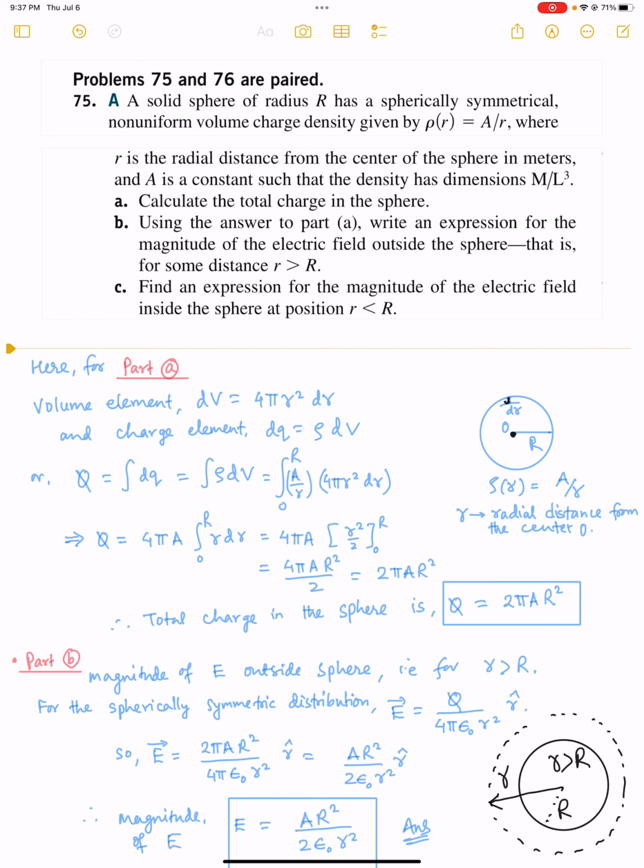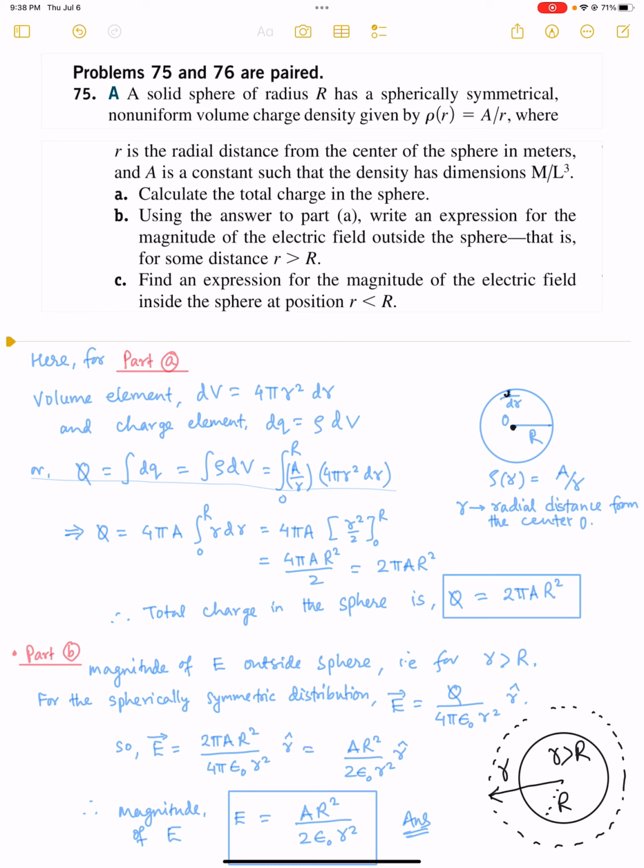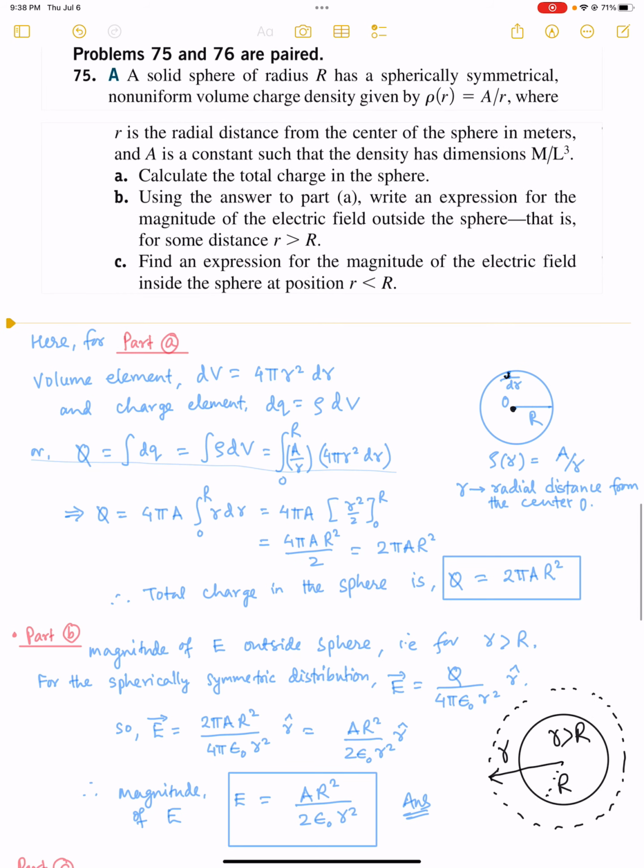So for part A, we have to estimate the total charge in the sphere. For this part, I think we are already familiar with the volume element from the previous problems. That's dV equals 4 pi r squared dr. It's the surface area of the sphere, 4 pi r squared, times a small length dr, which gives you the volume.